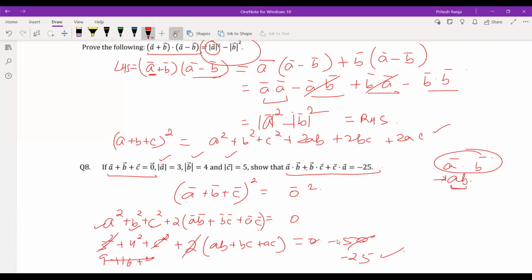Is this clear? If you have any doubt in this, let me know. Do you have any doubt?